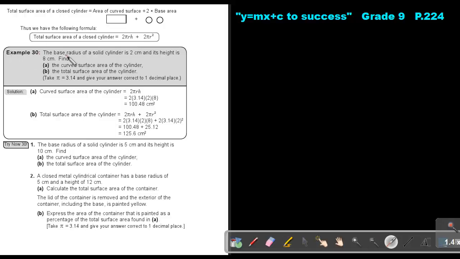Example 30. The base radius of a solid cylinder is 2 and its height is 8. Find the curved surface area. It's only this part that they refer to. So the curved surface area is the circumference, which is 2 pi r, times the height. I just do substitution. If I ask you the total surface area, it's the curved surface area plus 2 circles.